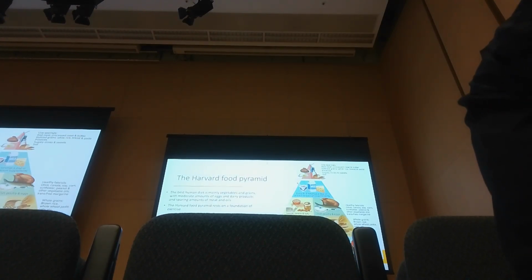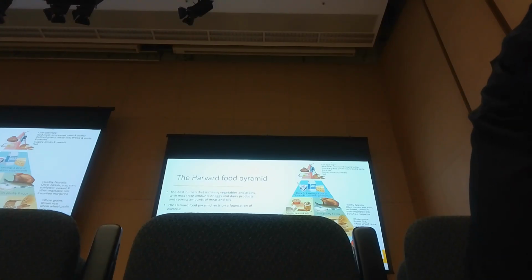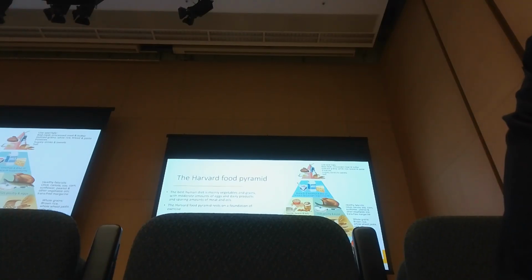So in terms of a more balanced, sustainable supply of food in our daily life, this was raised by Harvard University. They give some idea, if we have a supply of different foods, what proportion we should have to maintain a balanced nutrient supply.